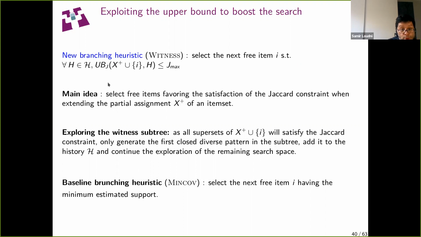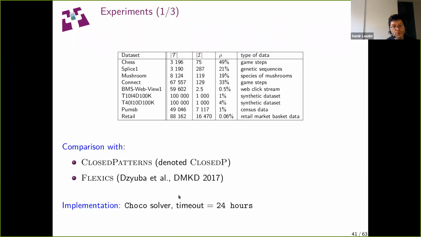We have also proposed a new baseline branching heuristic, which selects the next items having the minimum estimated support. I will not detail this, but let me show you some experimental results obtained with this framework.